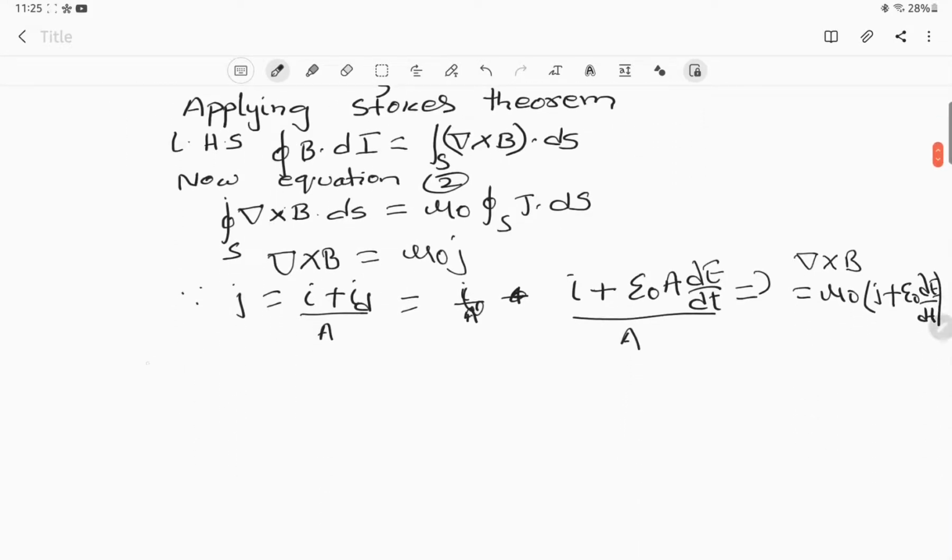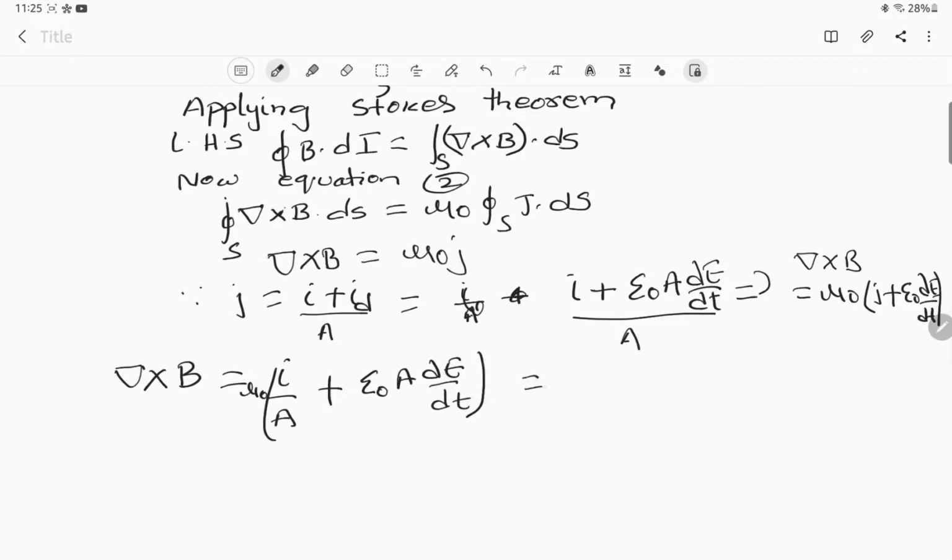So you need not have any confusion regarding this equation. I am showing you what I have done. This can be rewritten as del cross B. Here I by A is there already. Del cross B is equal to mu naught J, so mu naught into I by A plus epsilon naught A dou E by dou t.